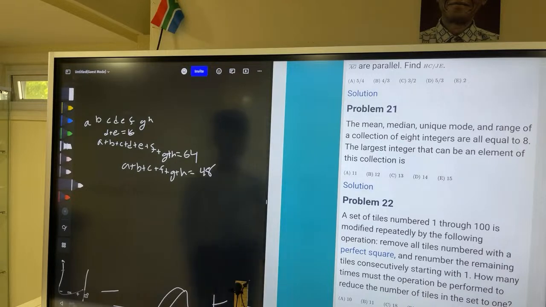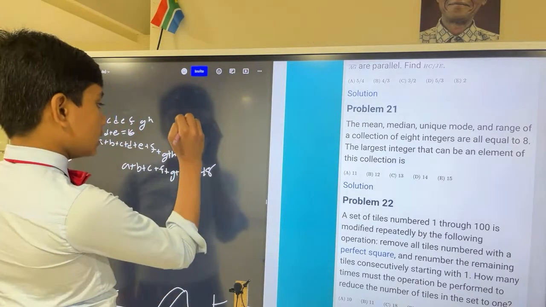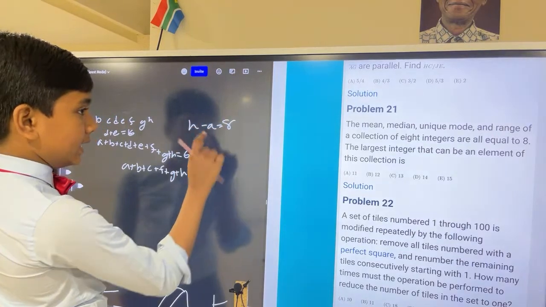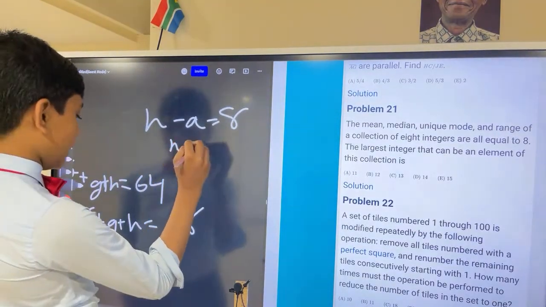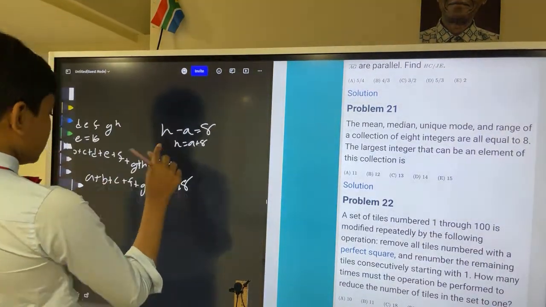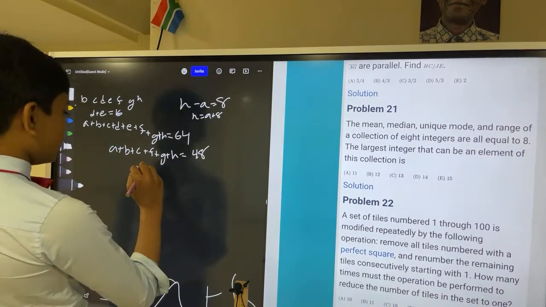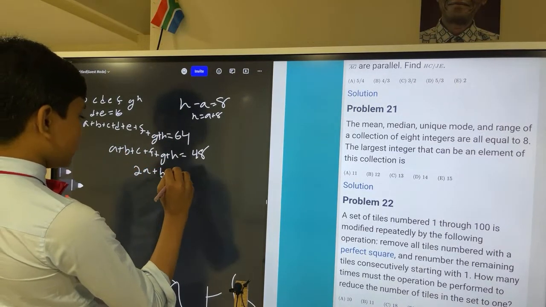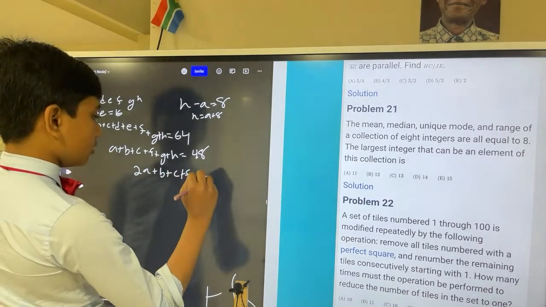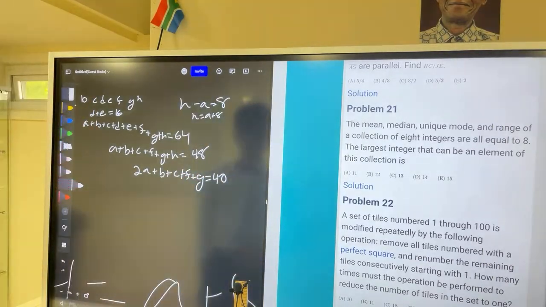And the range of the collection is 8 as well. So 8 minus A is 8. So in the end, when we try reducing it as much as we can, we end up with this.